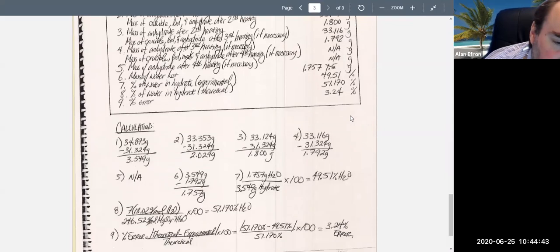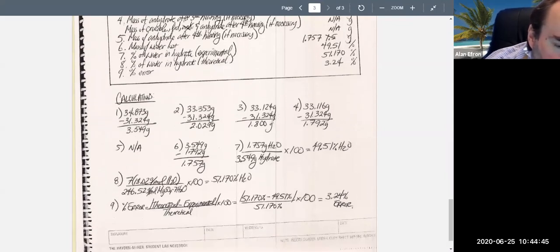And here are the sample calculations with the units and how to do all those things. And if you do all this, it will set up your lab report really easy for you, because you essentially just need to copy your lab notebook pages and you'll be good. All right, so that's what that looks like.